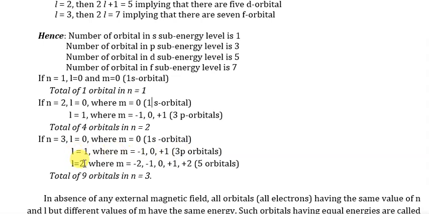And L is equal to 2, m itakuwa negative 2, negative 1, 0, positive 1, positive 2, 5d orbitals. So finally unapata total of 9 orbitals in n is equal to 3. Kumbuka hapa tunazungumzia kwenye energy level moja tu, n is equal to 3. Kama huyu atom ana energy level nyingine za ndani, n is equal to 2, n is equal to 1, hizo hatujazihesabu.